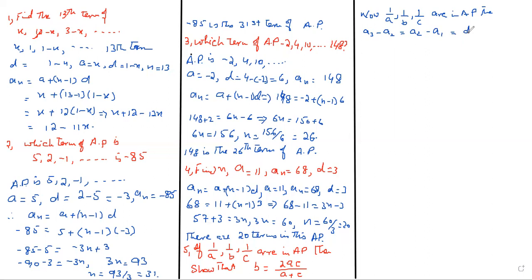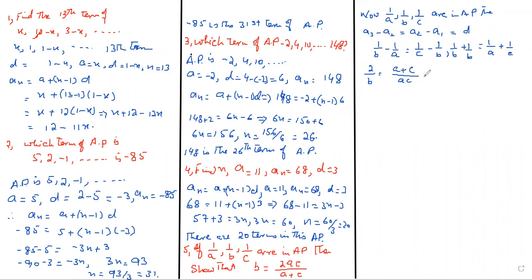So 1 over b minus 1 over a equals to 1 over c minus 1 over b. Collect 1 over b one side. So we have 1 over b plus 1 over b equals to 1 over a plus 1 over c. So now on the left hand side, we have 2 over b equals to, on the right hand side, we have ac, the LCM, and a plus c.